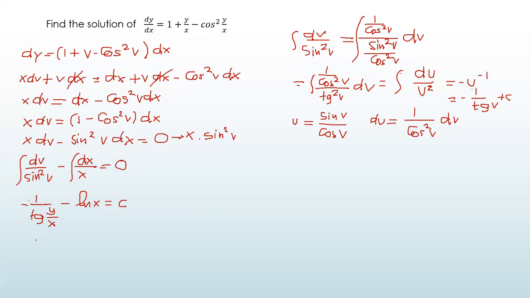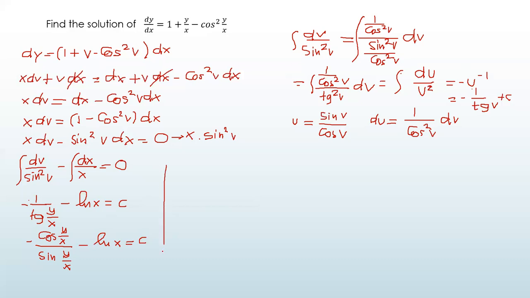And we may write down, tangent is sine over cos, so it becomes minus cos y over x over sine y over x equal c.